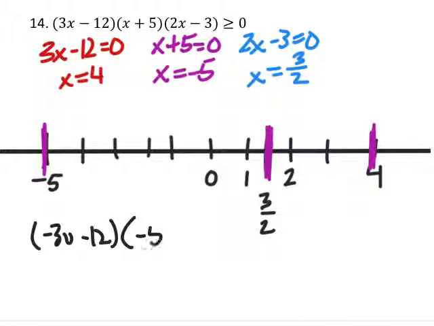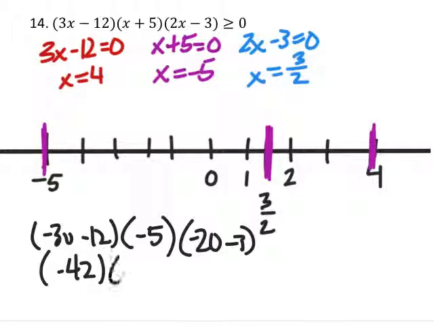That's a -5. I did -10 plus 5 there. And we've got a -20 minus 3. All right, so we got a -42 times -5 times -23. Well, we have 3 negatives in this, so we don't need to go any further. We know that's not going to work out.